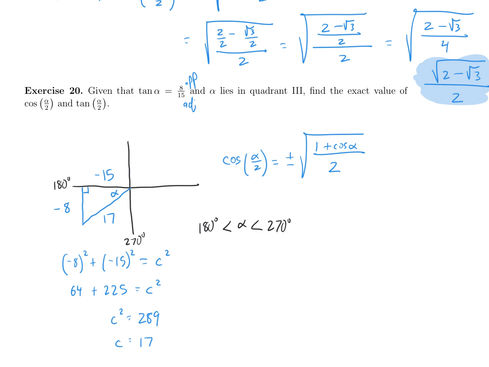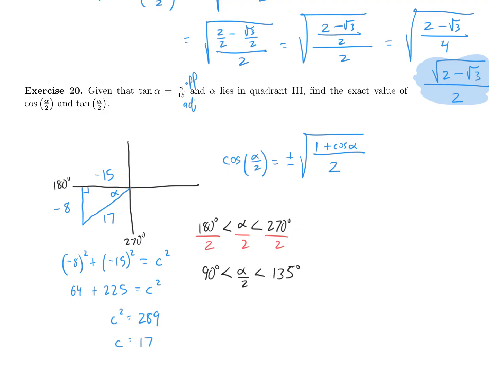But if you divide everything by 2, you get 90 and, for alpha over 2, half of 270, I believe, is 135. Okay, so there you go. Alpha over 2 is between 90 and 135.